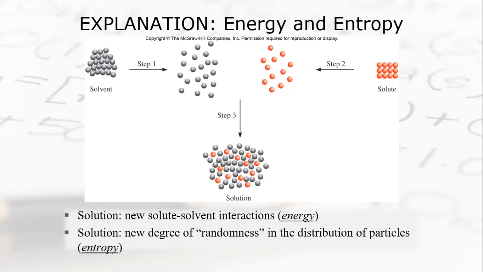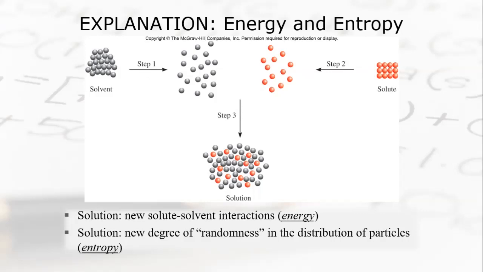It's the degree to which the particles of a system are distributed more and more randomly. You can see here where my solute started out as a highly ordered, fairly limited set of distributions kind of substance. And in the solution, those solute particles, the red ones in here, are distributed very randomly. In other words, the solution proceeds with an increase in entropy.